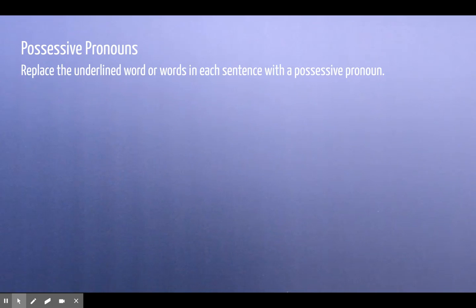All right, so in this activity, you're going to be replacing the underlined word or words in each sentence with a possessive pronoun. So we are changing the noun and making it into a pronoun. The first sentence says, "That is Sally's dog." What are we going to replace Sally with? You should have said her. That is her dog.